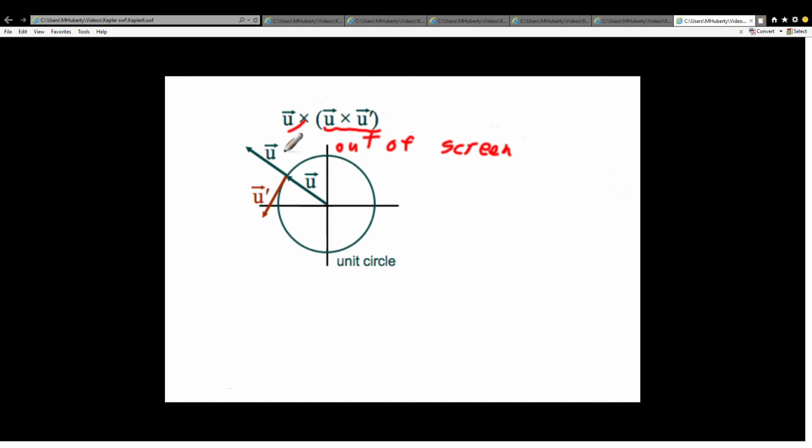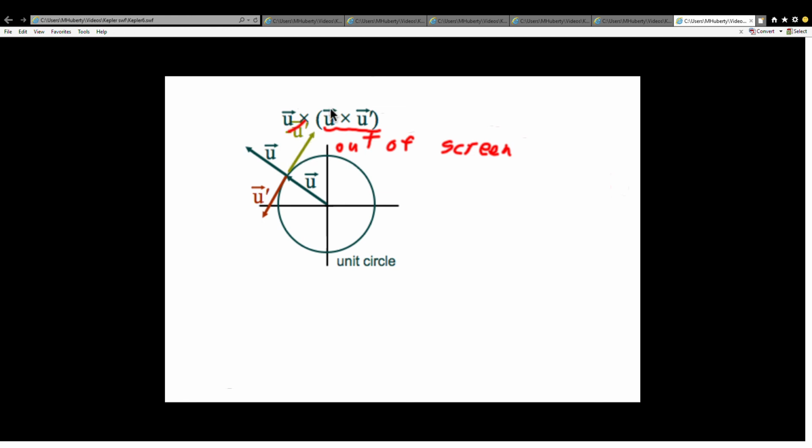Well, that's going to be another right-hand rule you're going to have to do. Line up your right hand, U cross with this vector coming out of the screen. Well, that should be a vector pointing, in this picture, up and to the right. In fact, it's got to be exactly the opposite direction of the U prime vector we have on here. It should be right here.